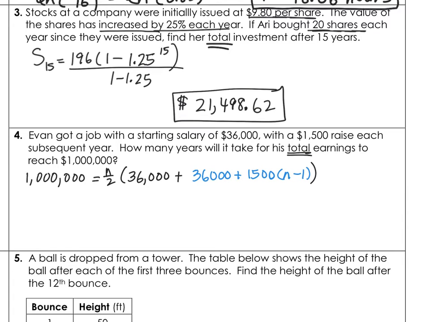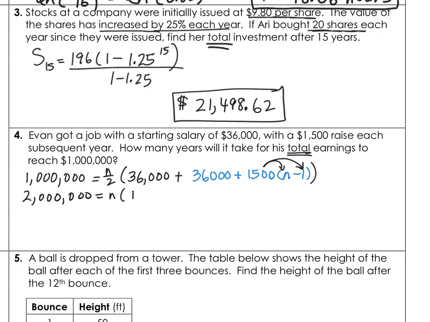So the first thing I'm going to do is multiply by 2 on both sides. And then let's see if I can do this at the same time. I don't know, maybe I should write this down. Okay, I'm going to combine all my like terms. I'm going to say 1,500 n, and then minus 1,500, and then add all the numbers together.